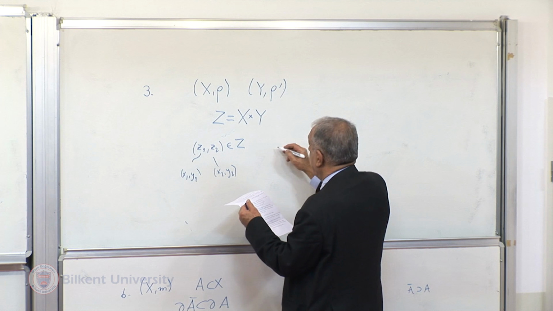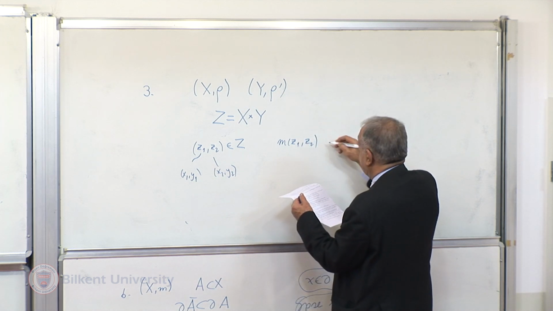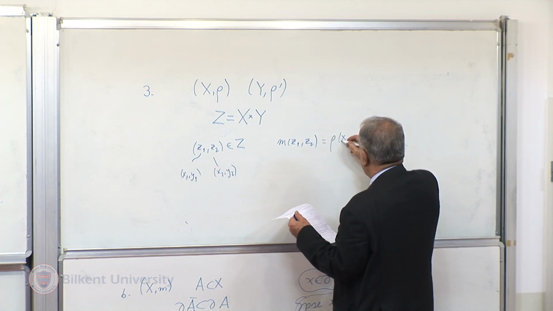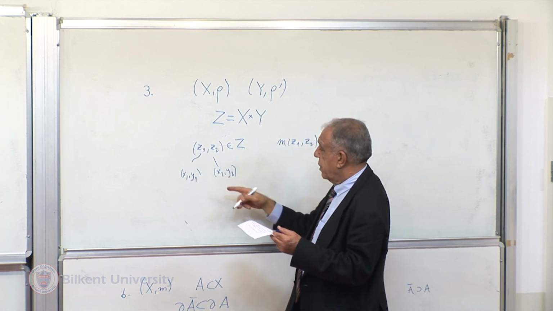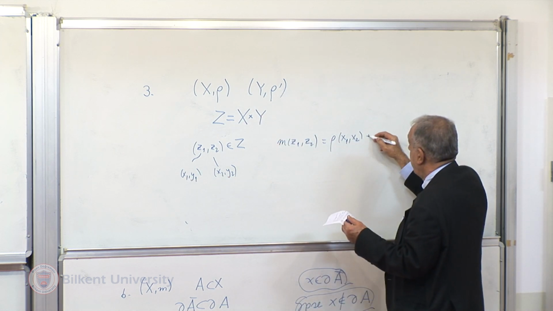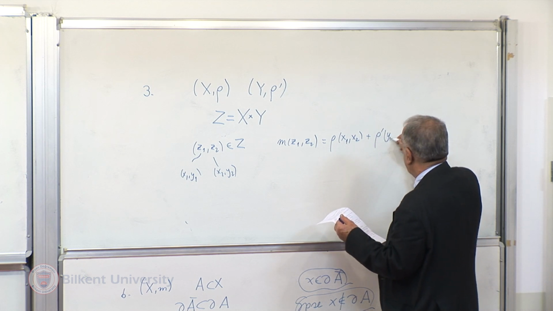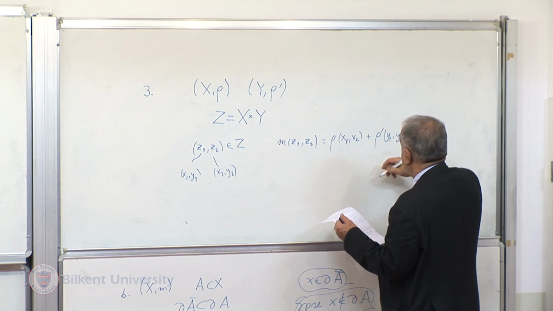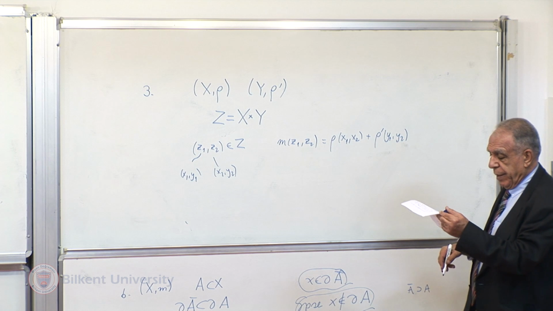So here you define M(Z1, Z2) as the distance between x1 and x2 according to rho plus the distance between y1 and y2 according to rho prime. Okay?